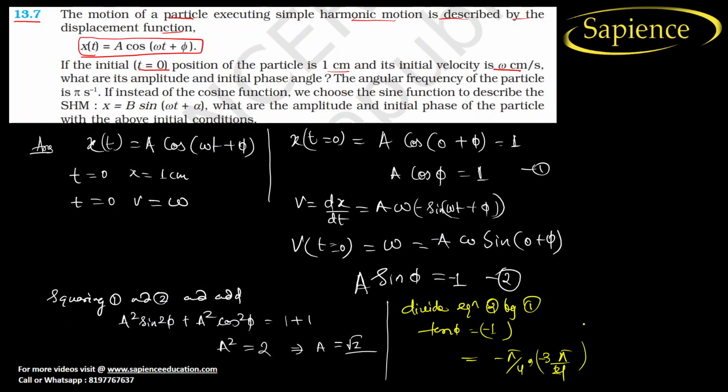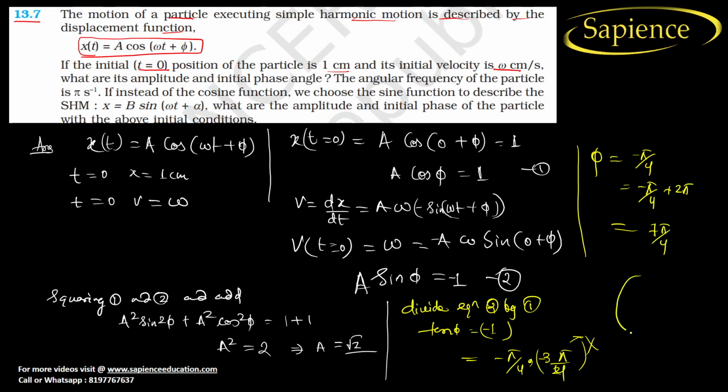If you go through this, minus 3 pi by 4 won't be applicable, because if you put the value, it won't satisfy the equation. So finally, the value of the phase angle is minus pi by 4, or minus pi by 4 plus 2 pi, so this will be 7 pi by 4.